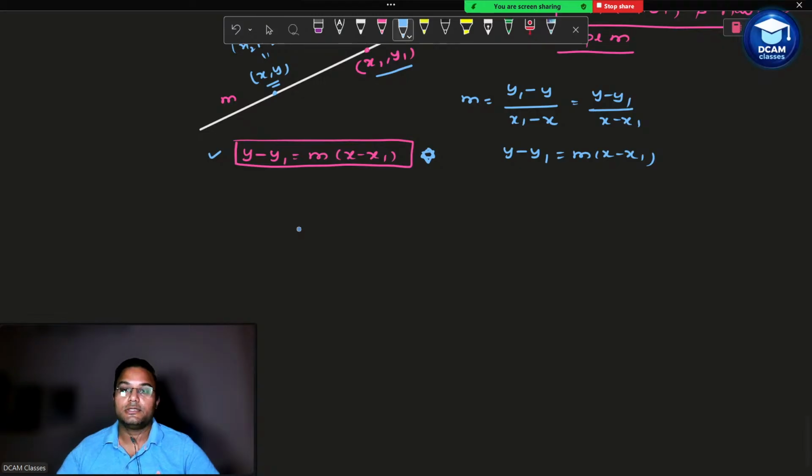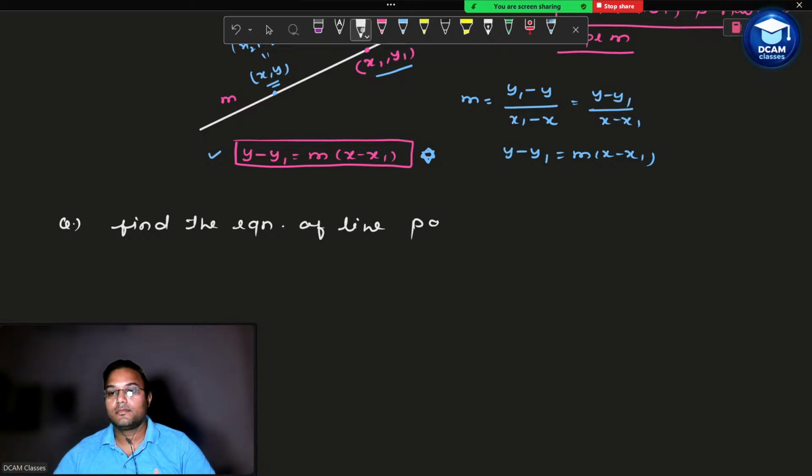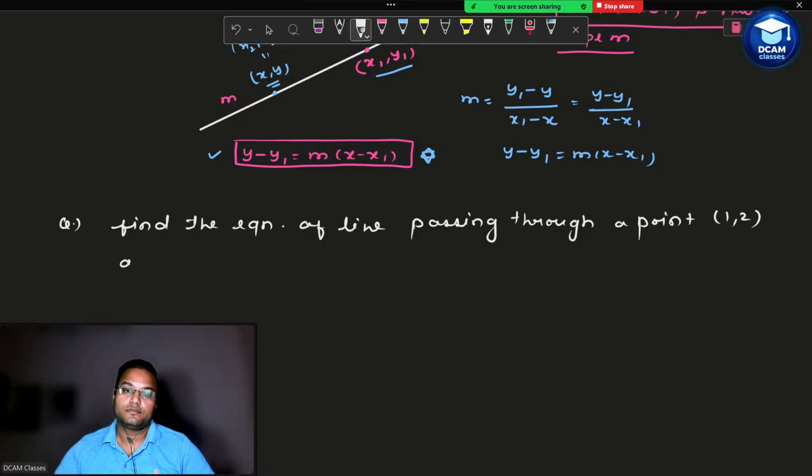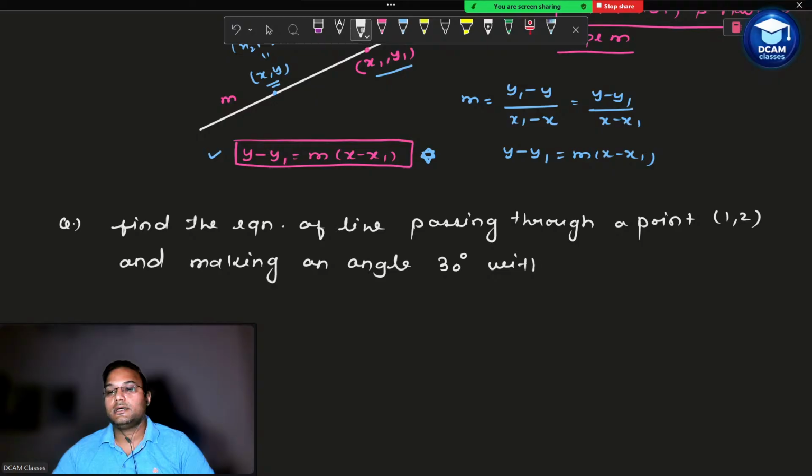Now let me give you some question. One question I'm making. Try to solve this. Find the equation of line passing through a point 1, 2 and making an angle 30° with y-axis.